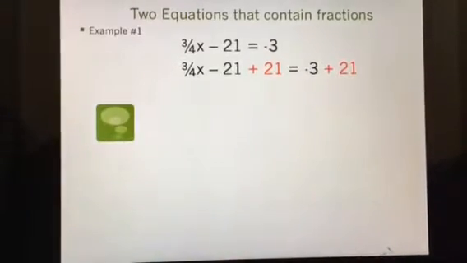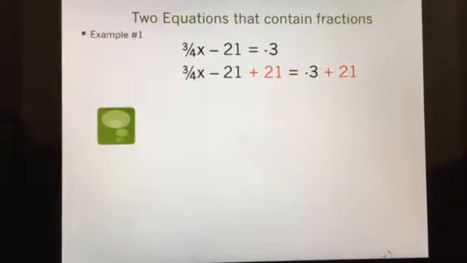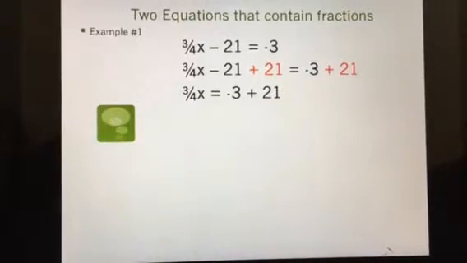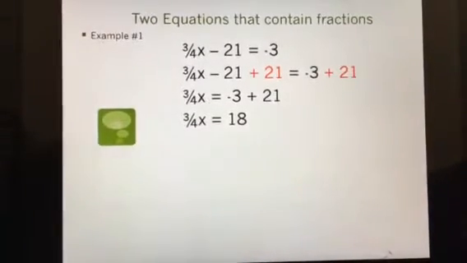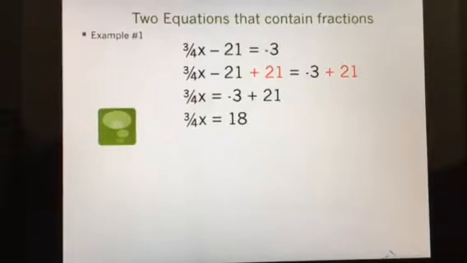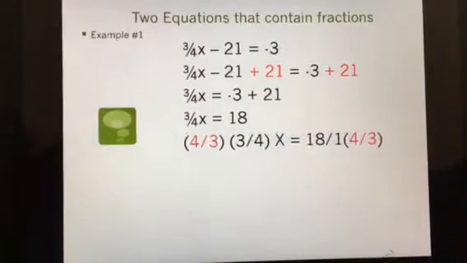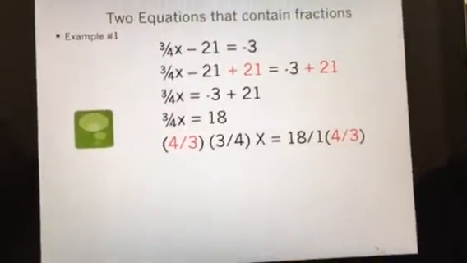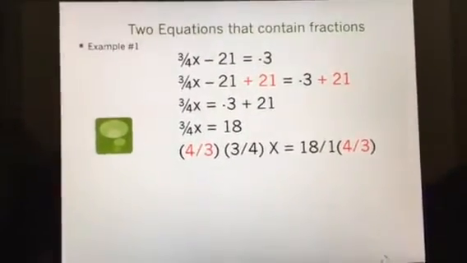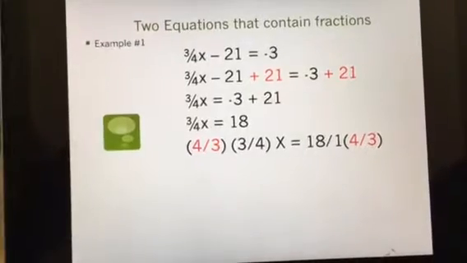So when I do that, I'm left with 3 over 4x on one side and negative 3 plus 21, which equals 18. To eliminate the fraction, I have to multiply by the reciprocal, which means I have to flip the fraction. So I'm going to multiply one side by 4 over 3 and the other side by 4 over 3. Because what I do to one side, I have to do to the other.